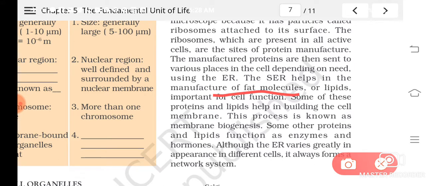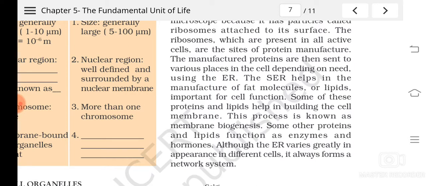The process of formation of new membrane is called membrane biogenesis. Some proteins and lipids are also used as enzymes, hormones, etc.